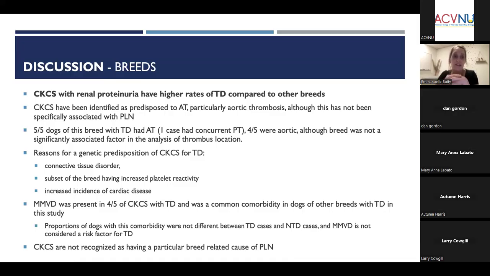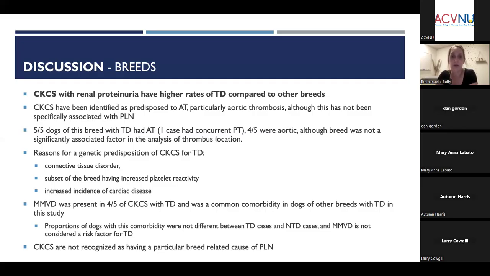These dogs have been predisposed to aortic thrombi, but it has not been associated with PLN up until now, and they are not necessarily a breed recognized to have a particular breed-related cause of PLN. But 5 out of 5 dogs of this breed with thrombotic disease in this study had an aortic thrombus. And one case also had pulmonary thrombi as well.